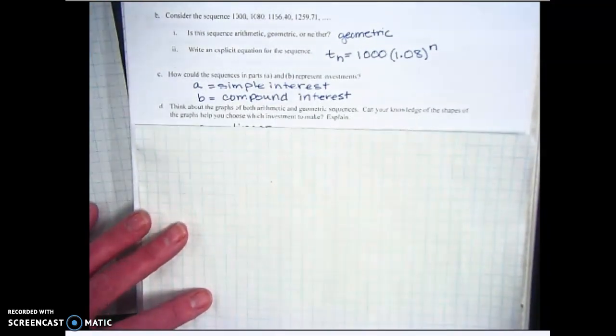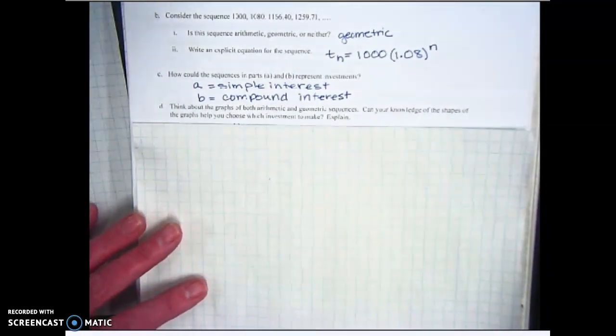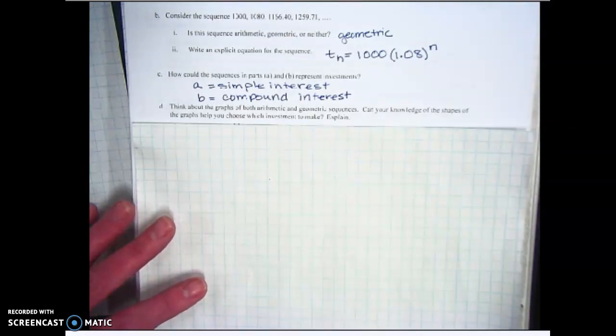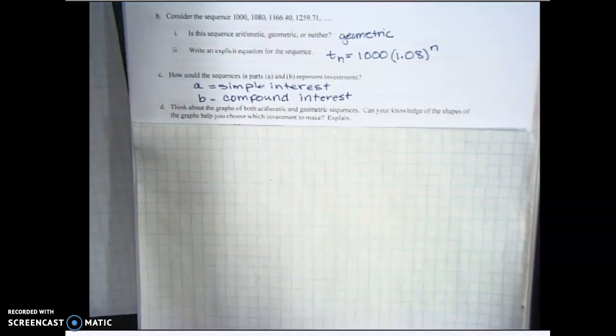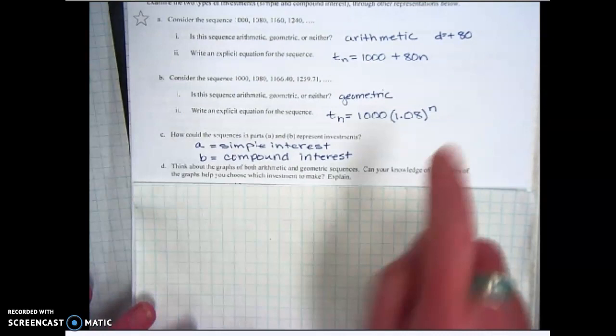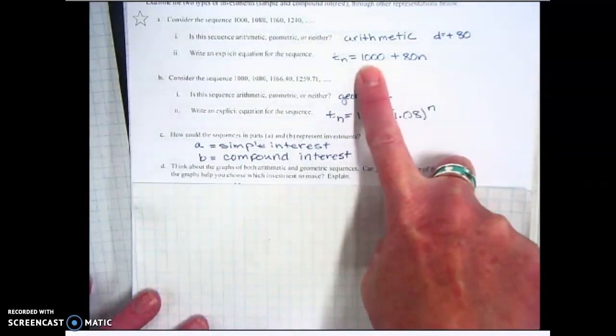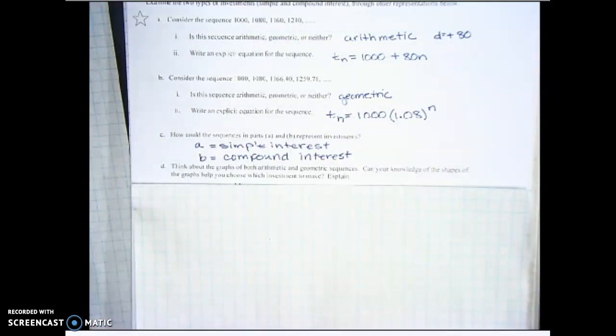Part D says, think about the graphs of both the arithmetic and geometric sequences. Can your knowledge of the shapes of the graphs help you choose which investment to make? So this first one is linear, right? So it's going to make a line, and it's going to increase at a constant speed.